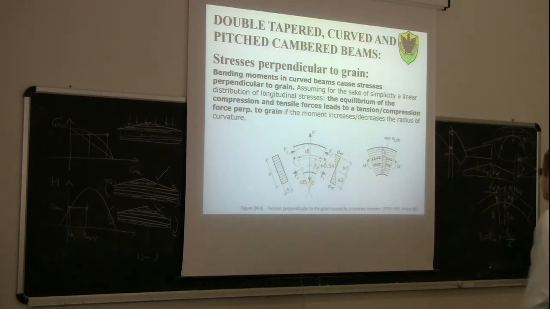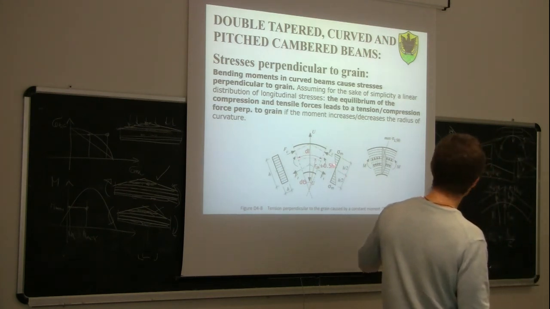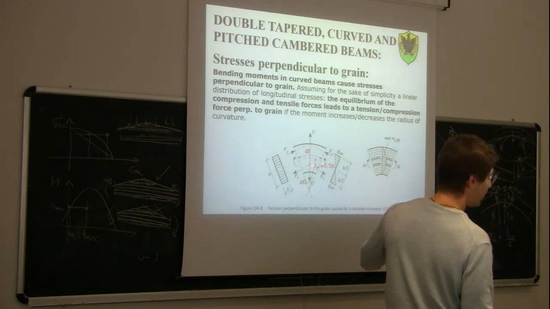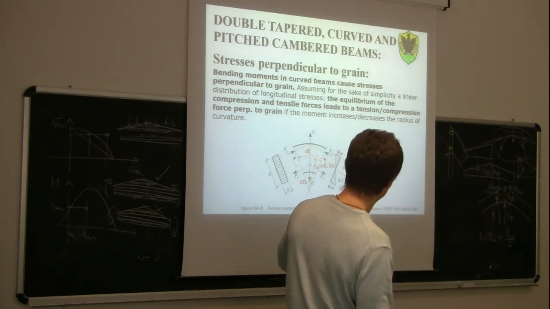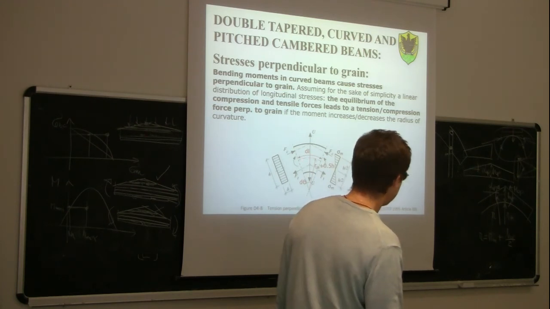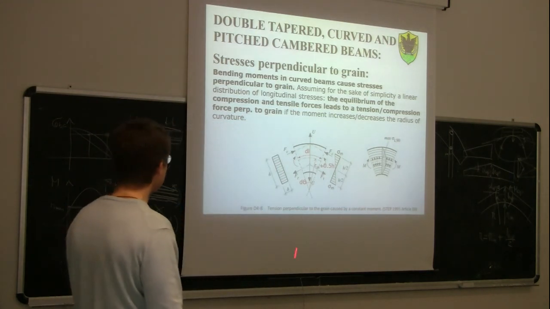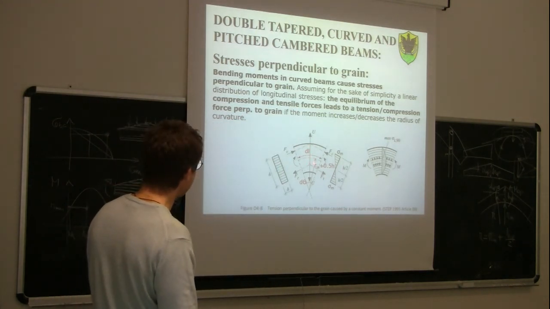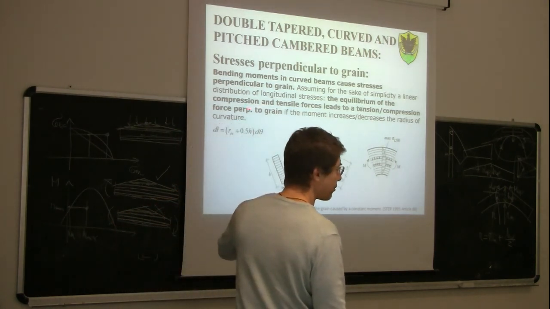We call dl the length of this piece of geometrical axis at the mid-height of the beam. Of course, dl will be given by RIN plus 0.5h multiplied by d theta. So the geometrical relationship is this one.